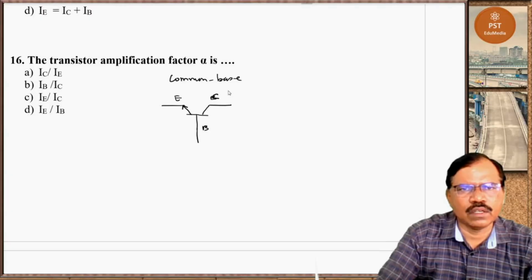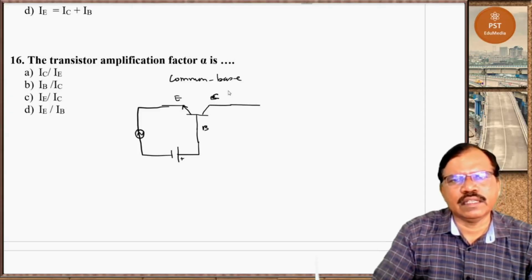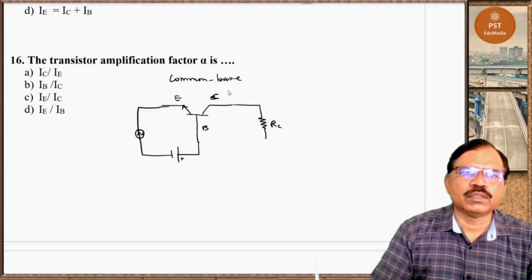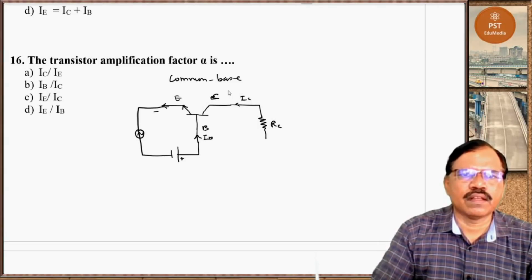Now here this is NPN. So this one is connected to positive, this one is connected to negative, and we apply signal here. And then here some resistance across we take output. So here we have IC, IB, IE.